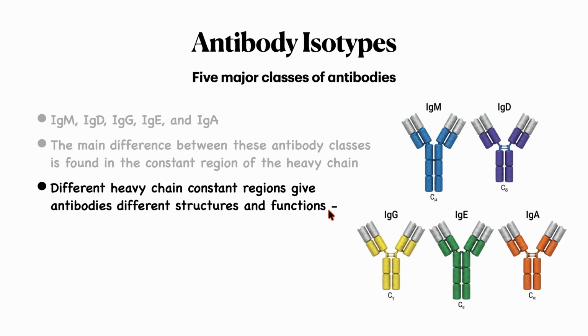These different heavy chains are called isotypes and are designated by the Greek letters mu, delta, gamma, epsilon, and alpha. For example, an antibody with a mu heavy chain is called IgM, while one with a delta heavy chain is called IgD, and so on.